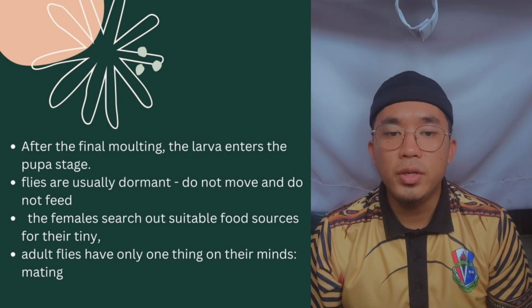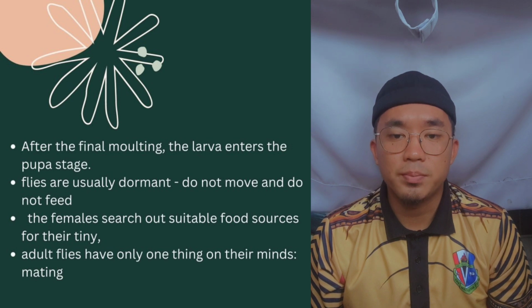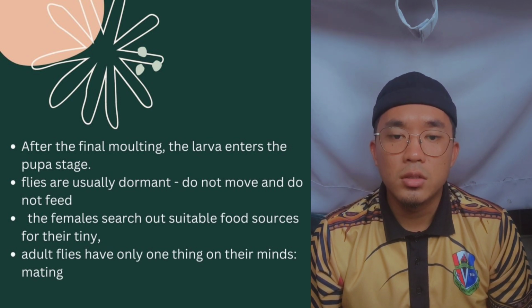They continue to feed, preferring overripe, fermenting fruit and vegetables. Other ideal food sources include pumice, fungi, and the sludge left in a drain pipe. After mating, the females search out a suitable food source for their tiny, wriggling larvae.